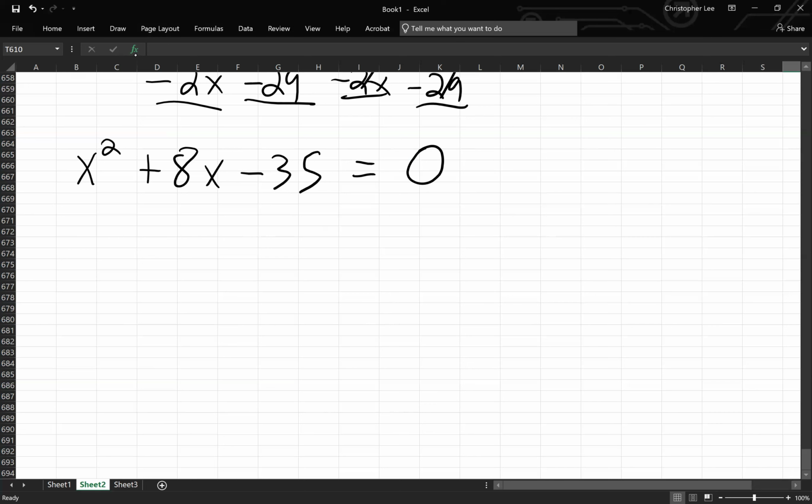No. You have to show what you see. Like half of 8, can you do that method? Yes. Complete the square, right?